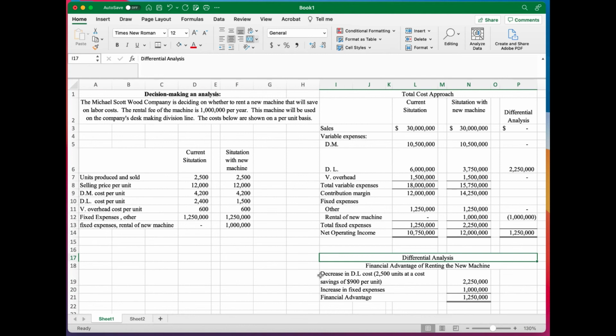Number 2, we are not mingling relevant and irrelevant costs. We're just looking at the decision that we have to make, and we're saying, let me pull out the relevant costs, let me pull out the relevant benefits, and let me just compare what's relevant.